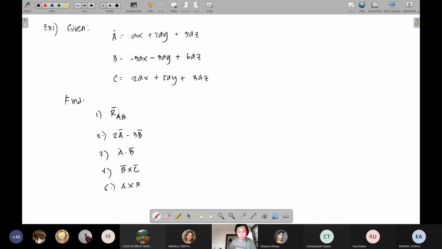Yeah. A cross B dot C. And then, lastly, number 6, angle between vector A and vector B. Okay, so you have 6 examples, no? Using the same 3 given vectors, vector A, vector B, and vector C.